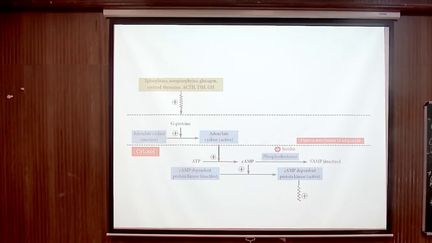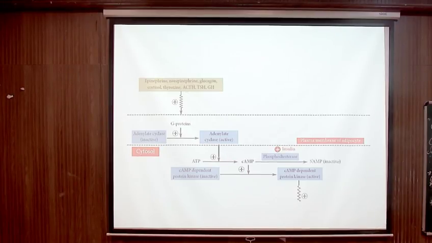So, they are not active, thereby inhibiting lipolysis. That is why it is said that hormone sensitive lipase, which causes lipolysis, that is the breakdown or degradation of the triacylglycerol, will be activated by these hormones, and hence the name.